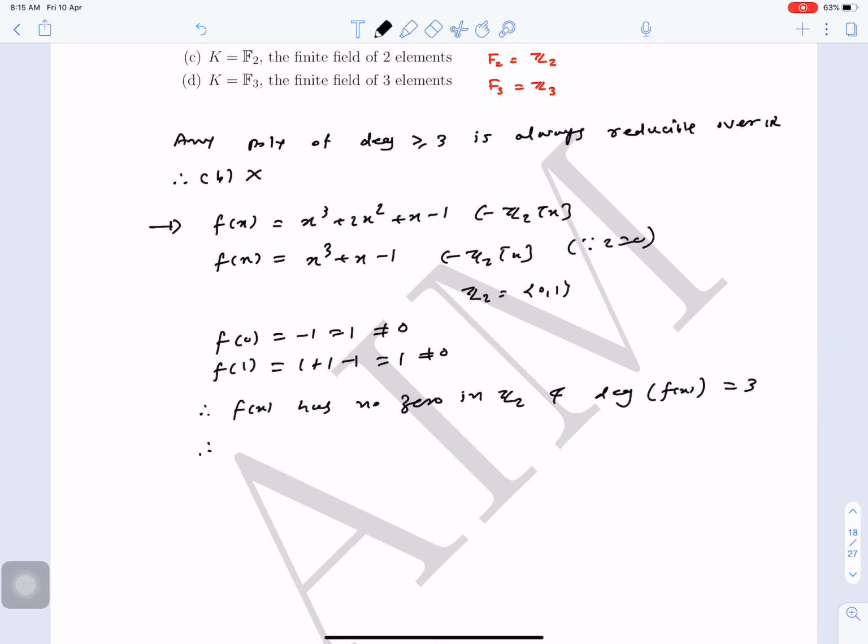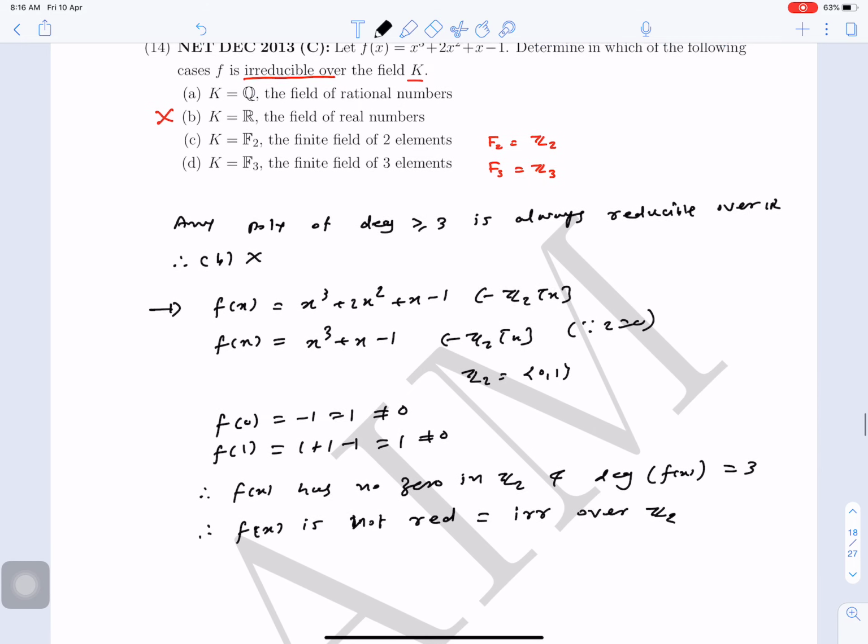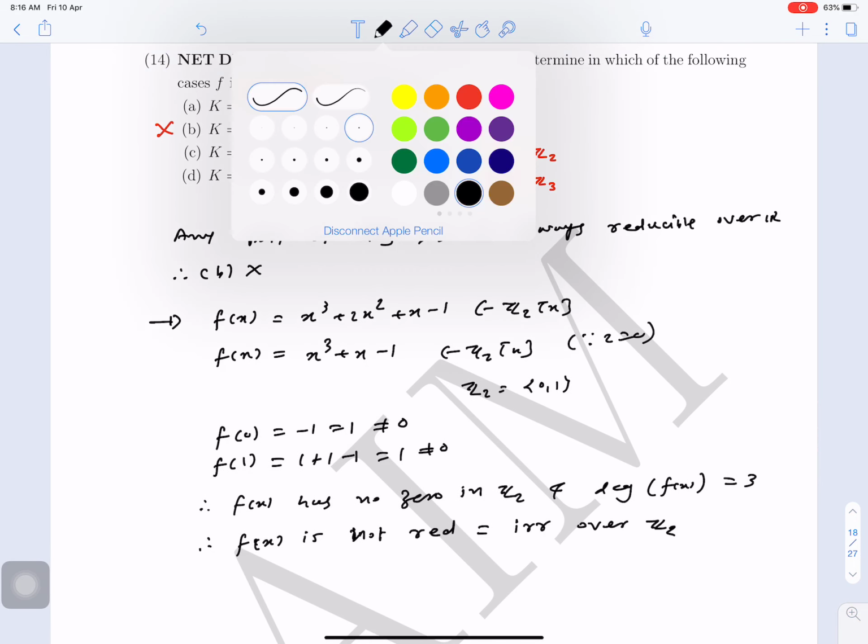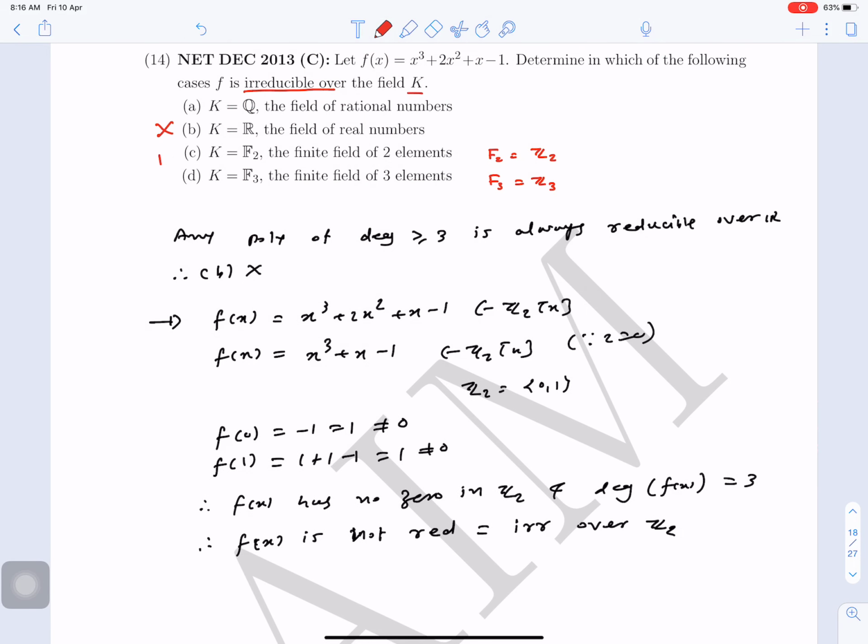So therefore f(x) is irreducible. Degree is 3 and it has no zero, so it is not reducible, that is, it is irreducible over Z2, and we are interested in irreducible, so option C is correct.